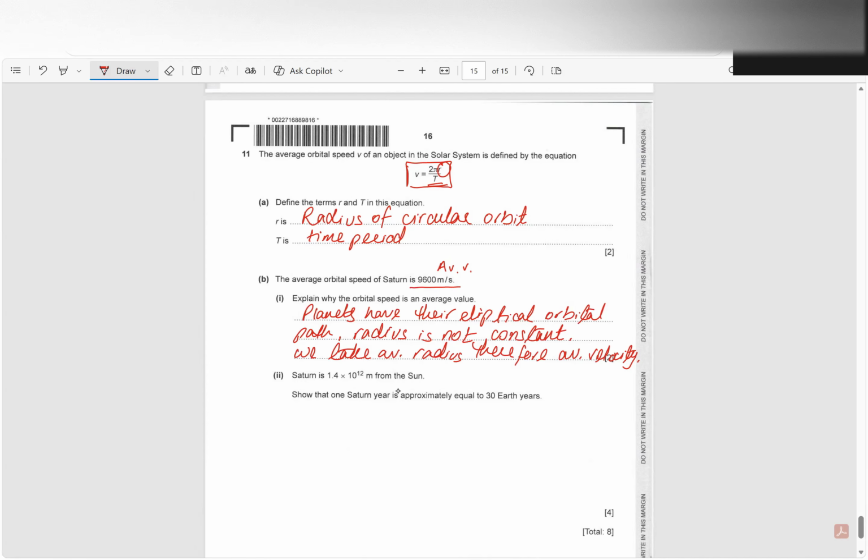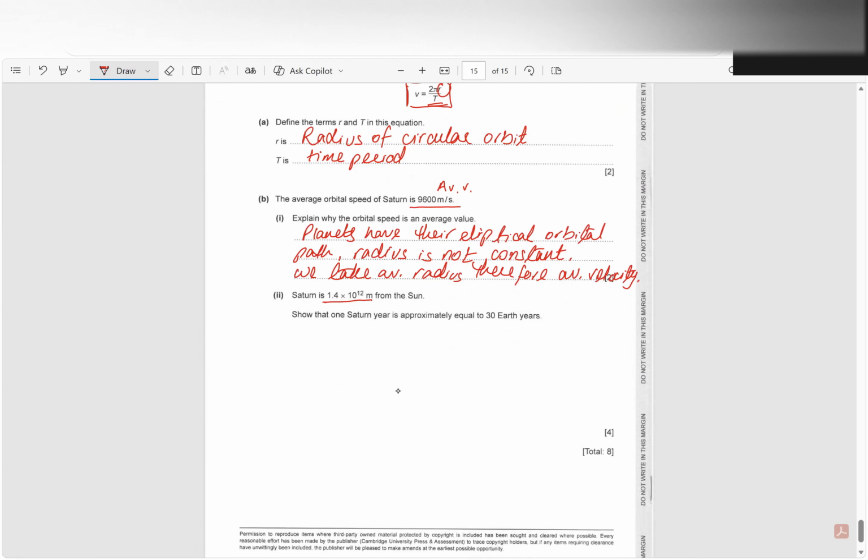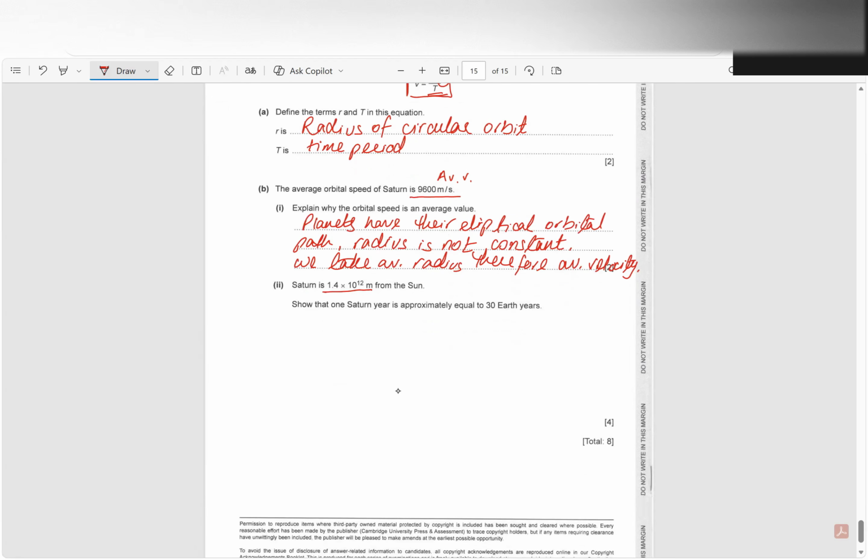The last part says Saturn is 1.4 into 10 raised to power 12 meters from the sun. Show that one Saturn year is approximately equal to 30 years. Fair enough.